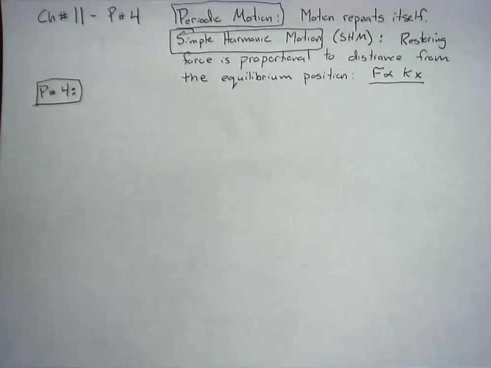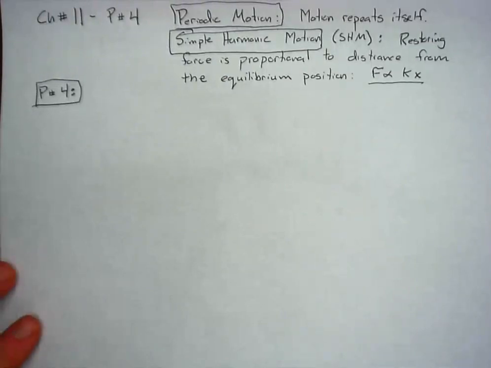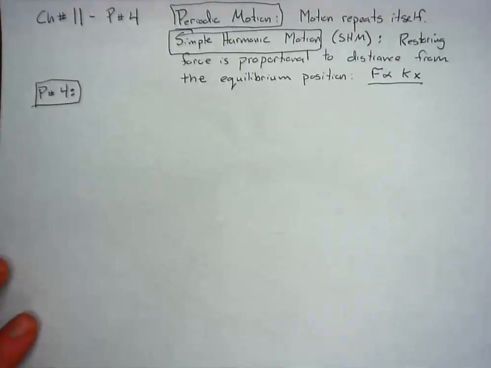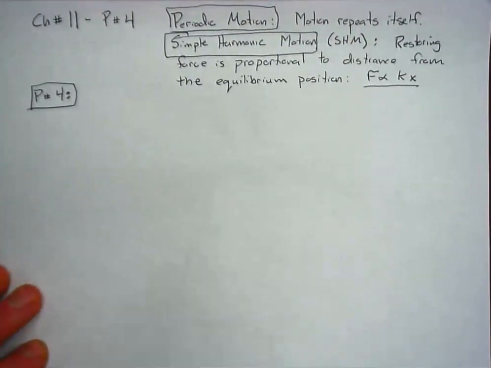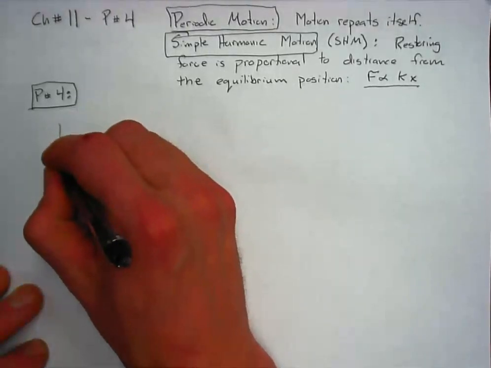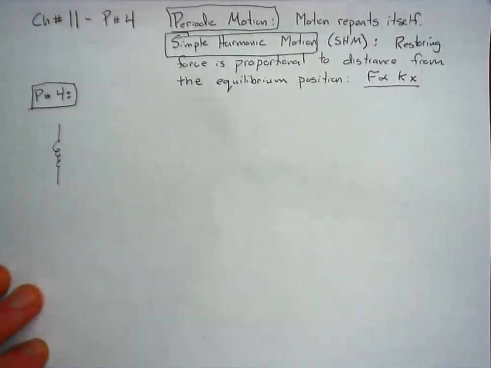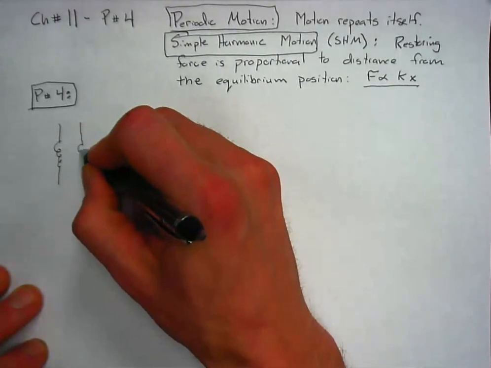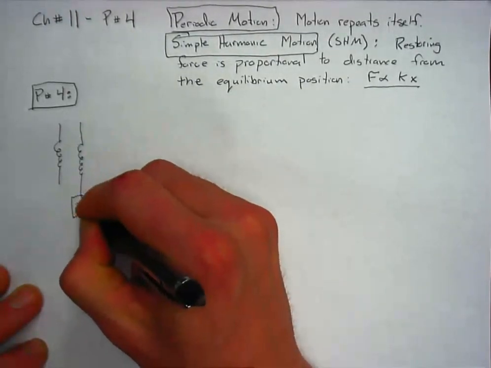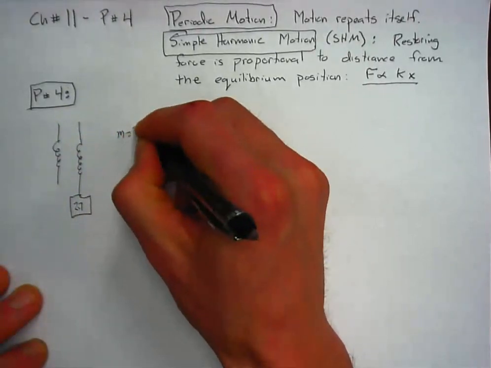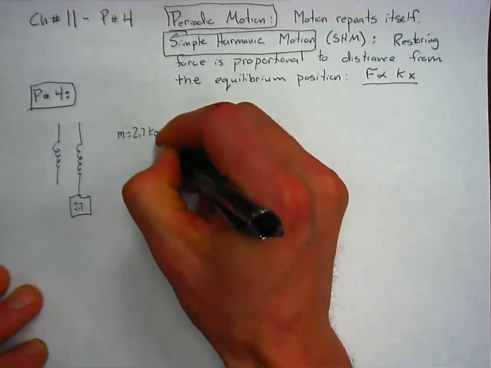So we're going to do a little example here involving simple harmonic motion, problem 4, which states a fisherman's scale, which is probably something like a spring, right? And this spring stretches 3.6 centimeters when a mass of 2.7 kilograms is placed on it, right?